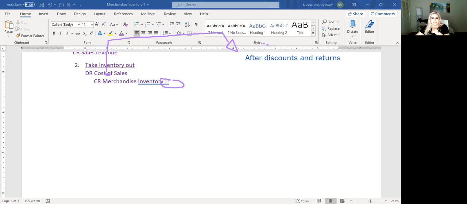merchandise inventory GL. So guys, also in terms of the balance sheet, there's a slightly different thing going on here, and that is that we have another asset that we recognize on this set of financial statements, and it's the merchandise inventory asset.